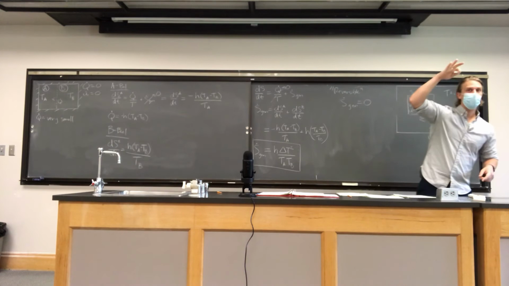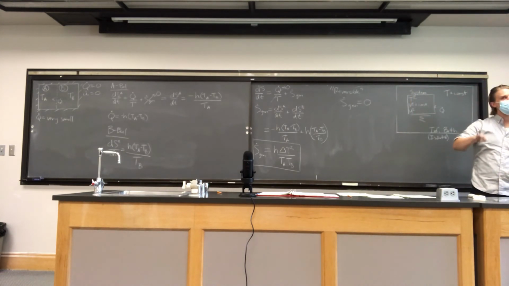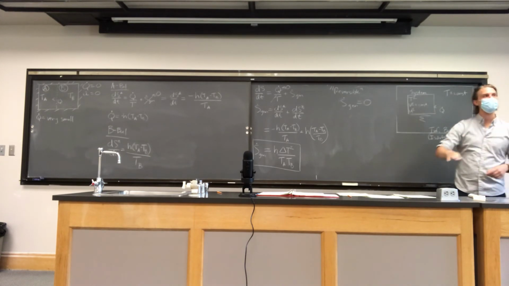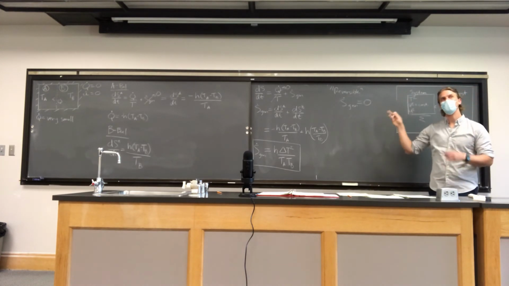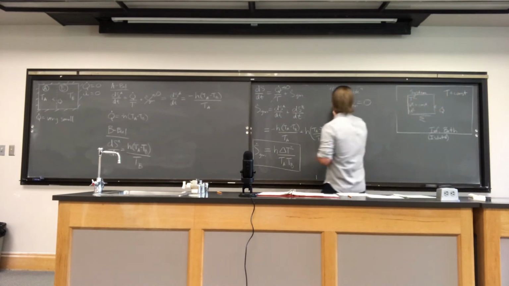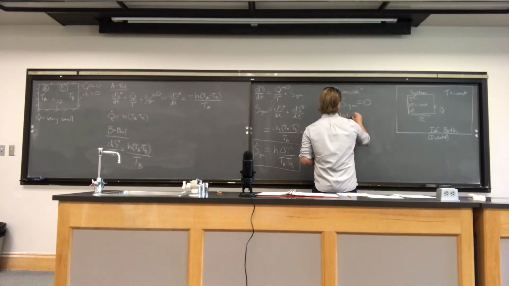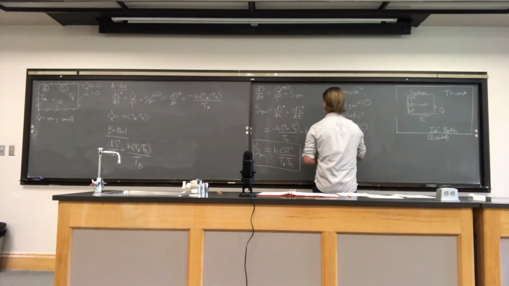So I can compress a gas reversibly. That doesn't mean that the entropy of the gas doesn't change. It just means that I'm not generating any entropy when I compress the gas, right? If I say it's adiabatic, that means Q is equal to 0.